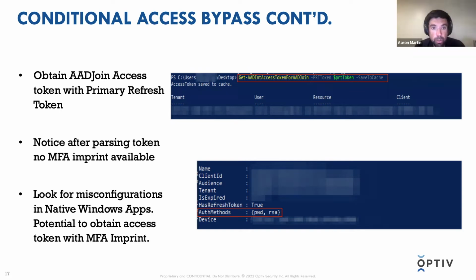So what you can do with that primary refresh token is attempt to join your device, and you can enroll your device if the company is using Intune, not a third-party MDM. You can attempt to enroll your device in Intune.